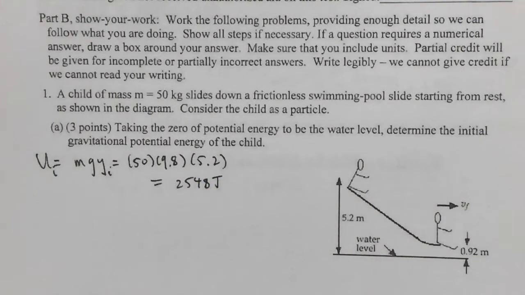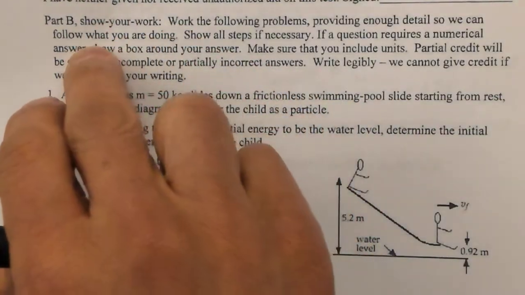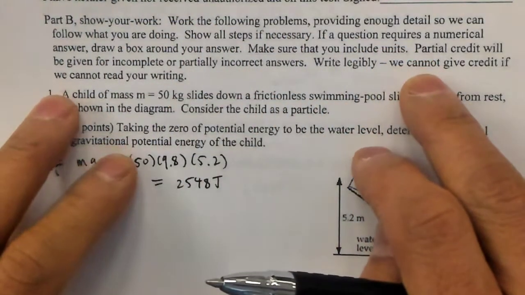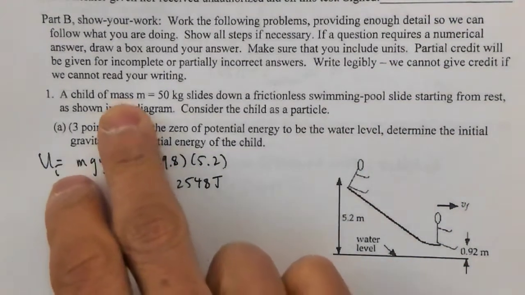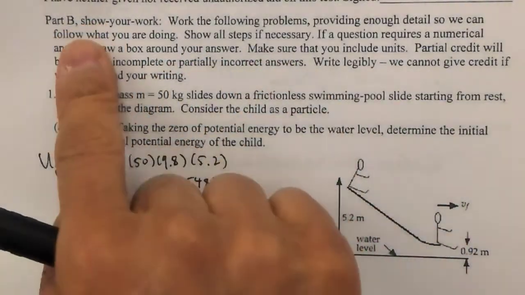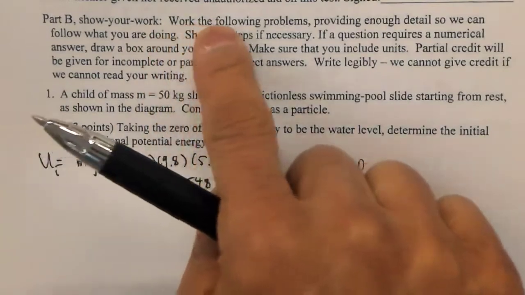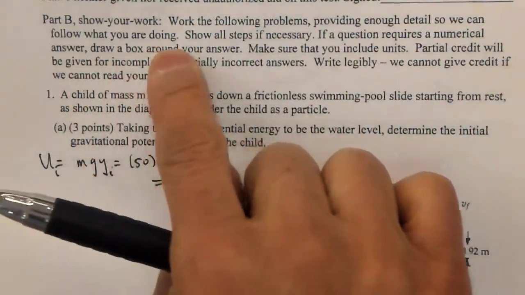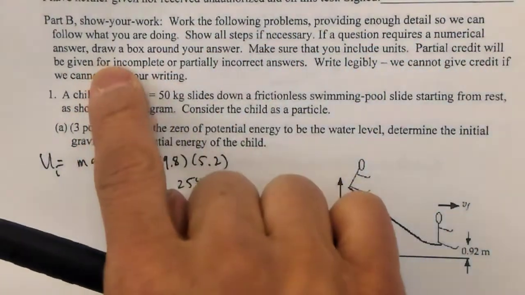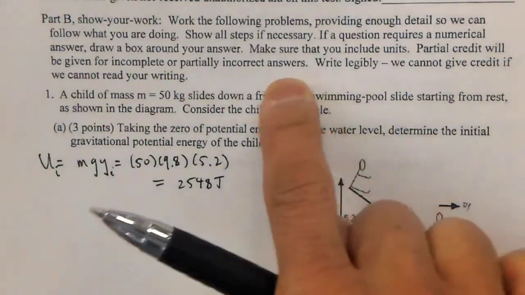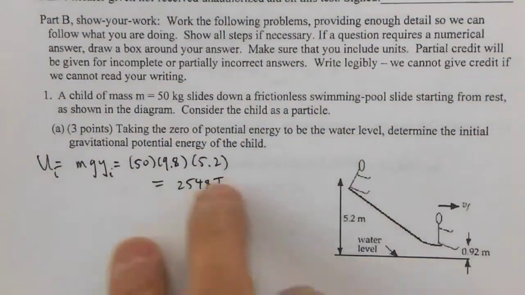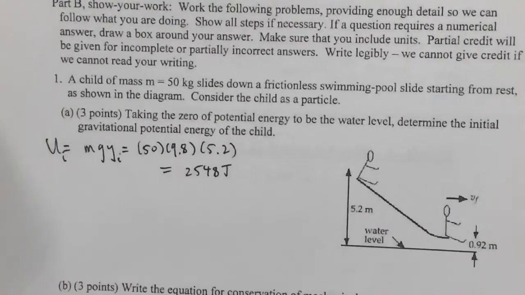It's a little bit weird what they're asking the students to do here. So you're supposed to show your work. Here, I'll just show: for the following problems, provide enough detail of what you're doing, take all the steps, and then partial credit will be given, write legibly.